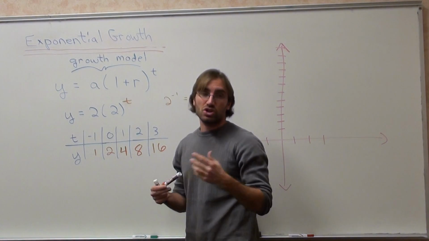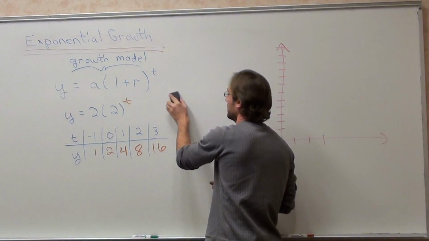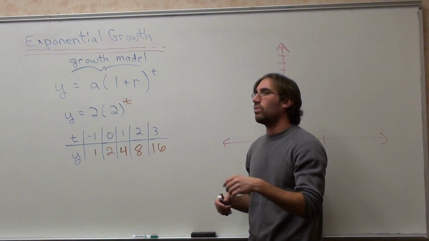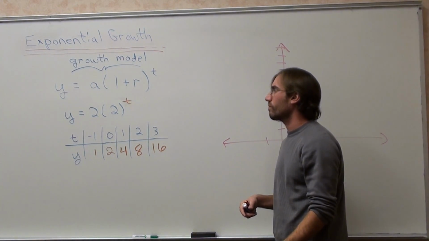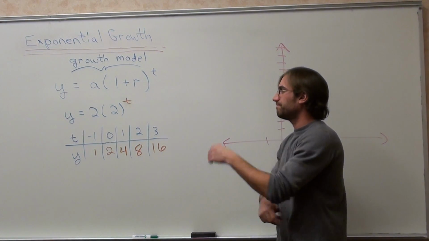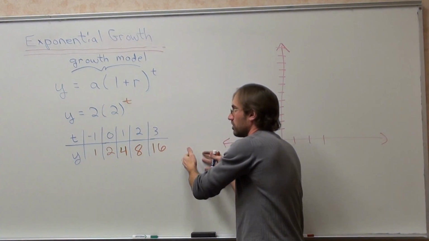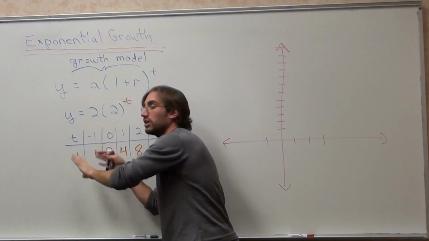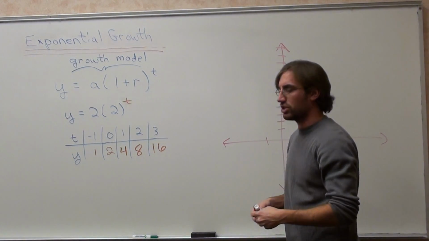What I basically want you to understand is that whatever the numbers are, they're getting bigger as you're plugging in higher t values, and they're getting smaller as you're plugging in lower t values. I want to show you what the picture of an exponential function looks like, though.